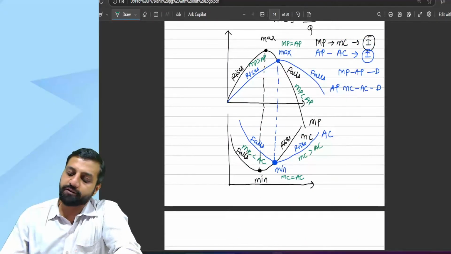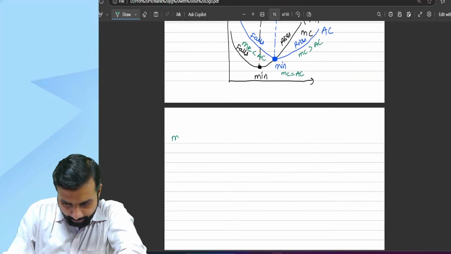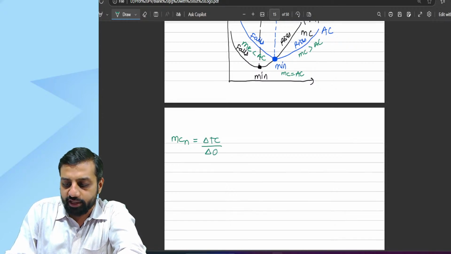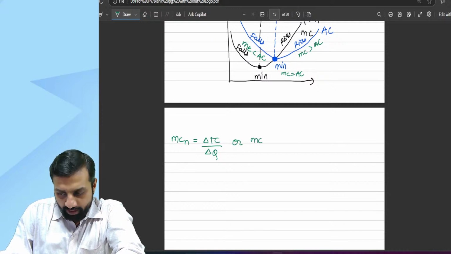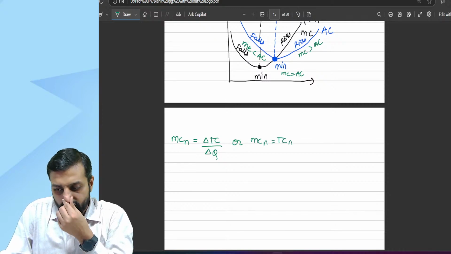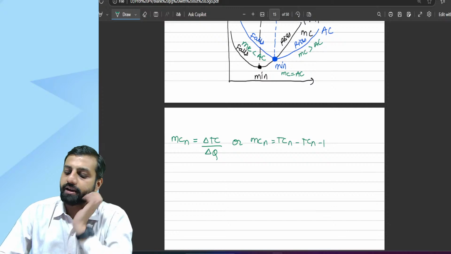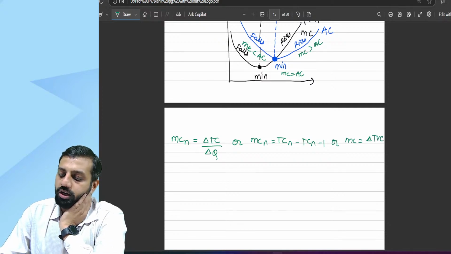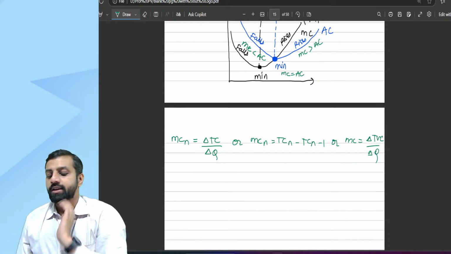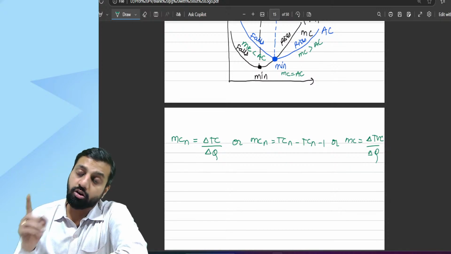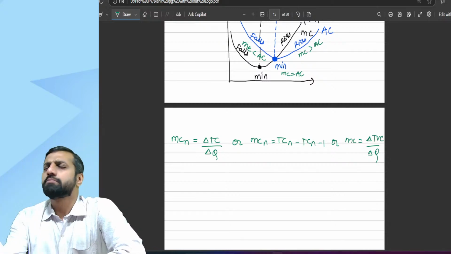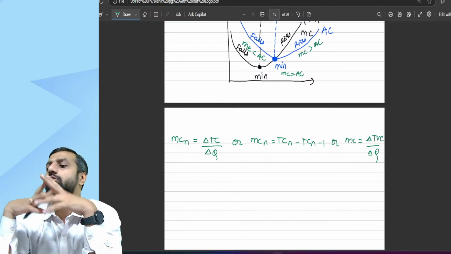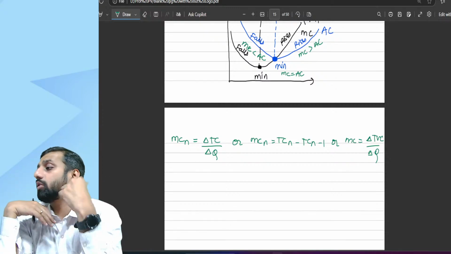We can write another formula for marginal cost. Marginal cost of N is equal to delta TC upon delta Q, or MC of N is equal to TC of N minus TC of N minus 1. Marginal cost is the change in total cost, but total cost changes due to the change in variable cost, because fixed costs are constant.